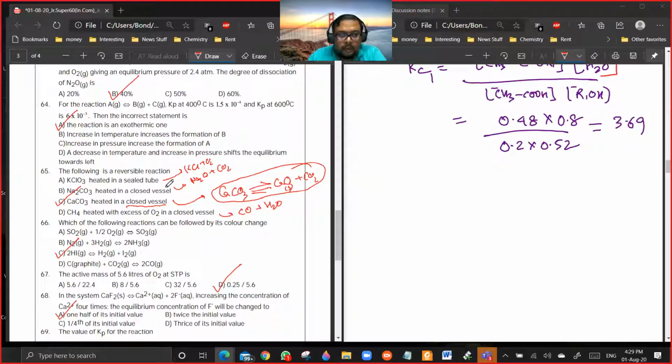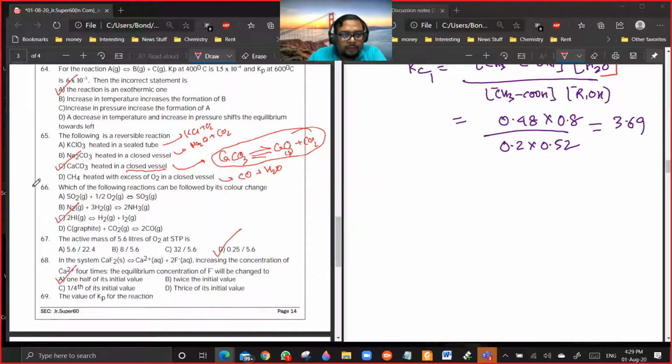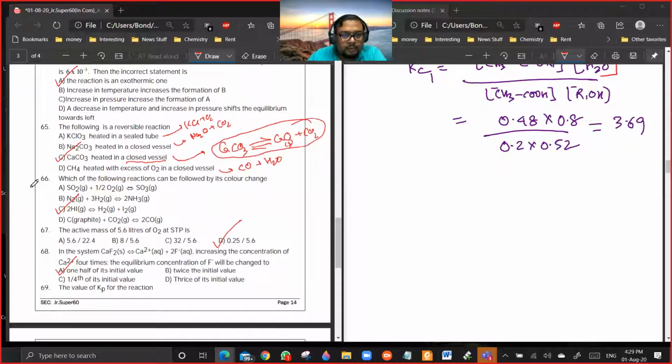After 65, 66. You have to see in which case either reactant or product is having some color. Then only a change in equilibrium, a reaction will proceed with change in color. So you see, SO2, O2 and SO3 all are colorless.